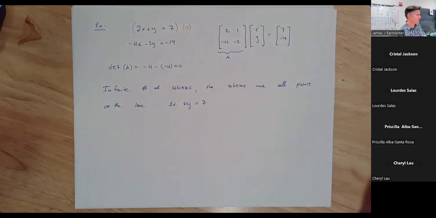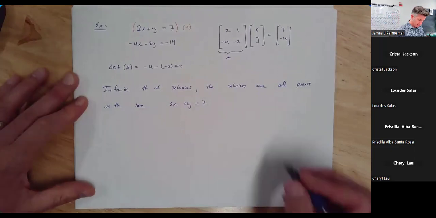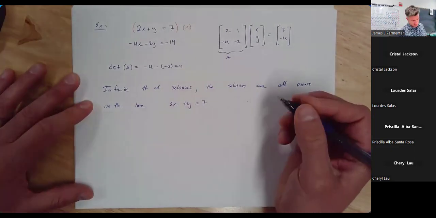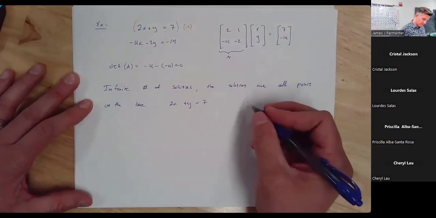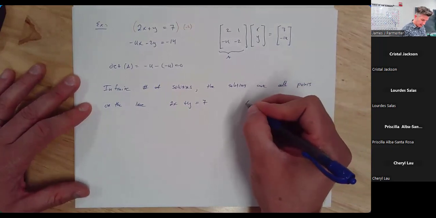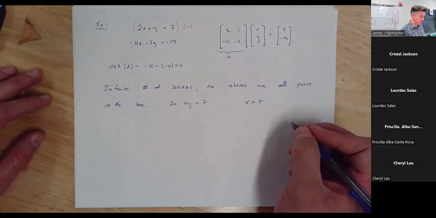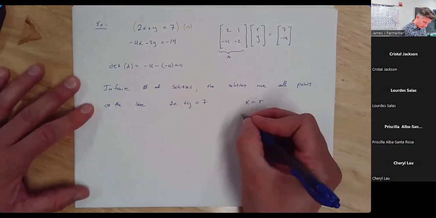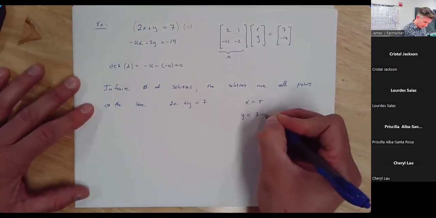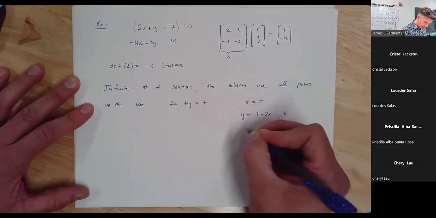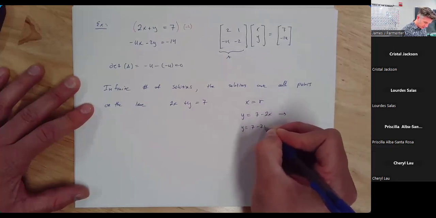So if you want to write your solutions in a vectory sort of way, I would say, how would I write this? Yeah, I would be mildly annoying about it and say x equals r, because we like to do this weird parameterization thing, and then solving for y equals 7 minus 2x, so y equals 7 minus 2r.